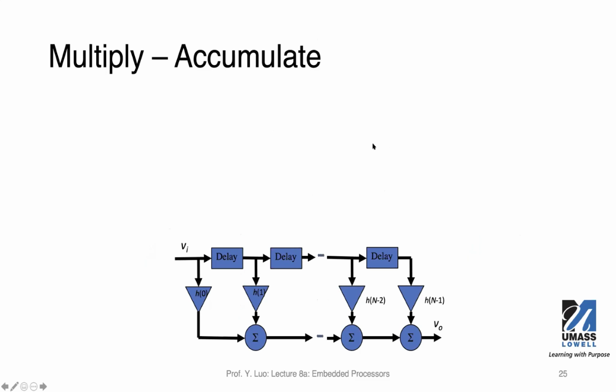So in this design, we essentially have 2 major operations: multiply with these coefficients, and then accumulate, for every single stage.